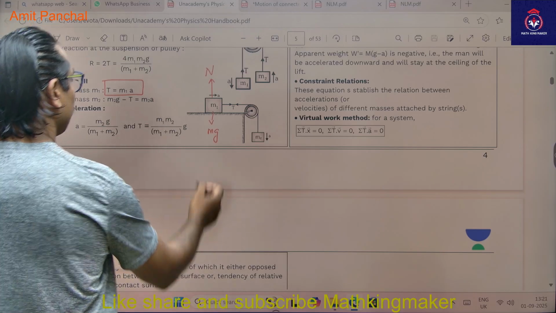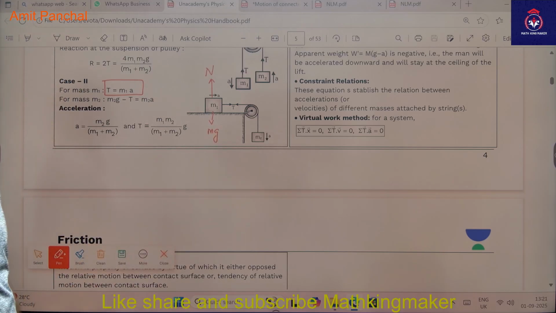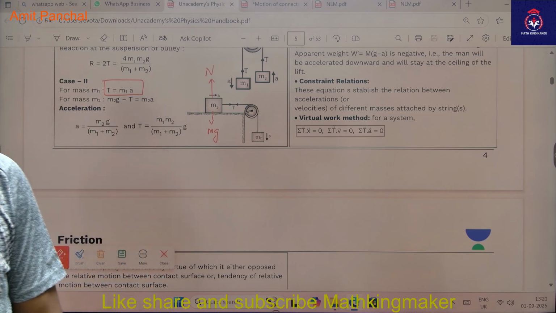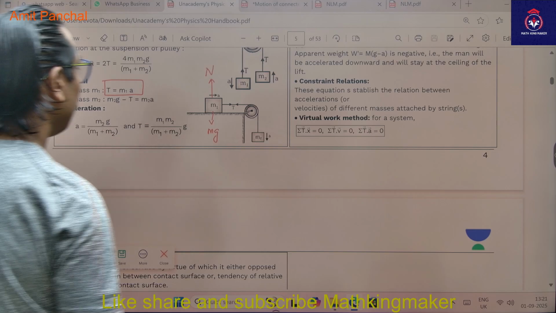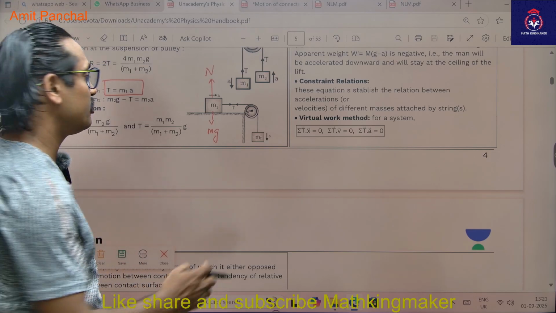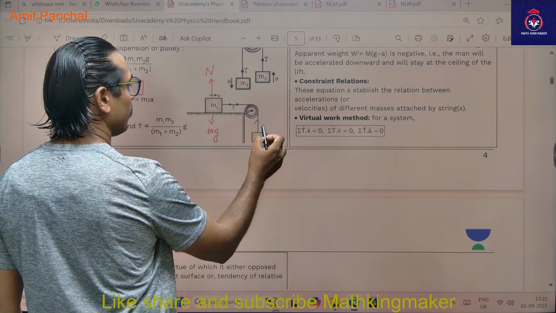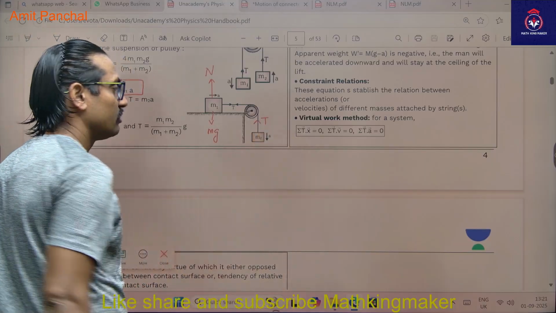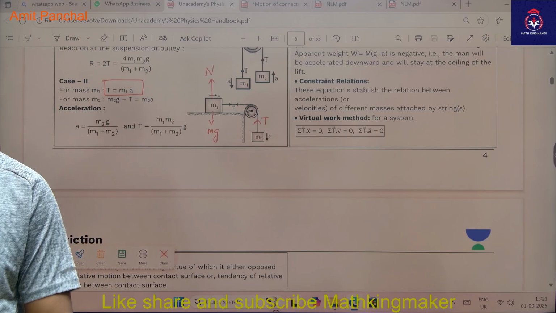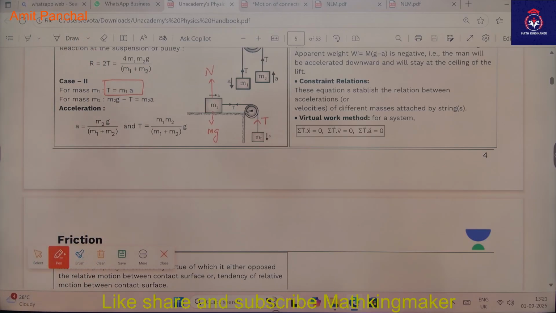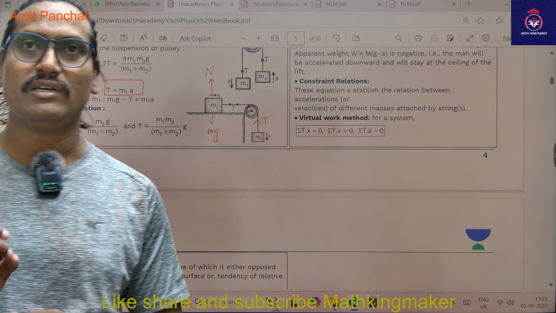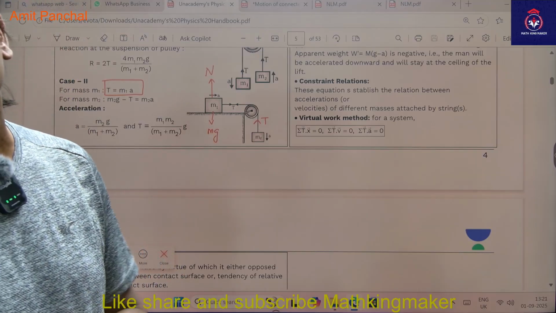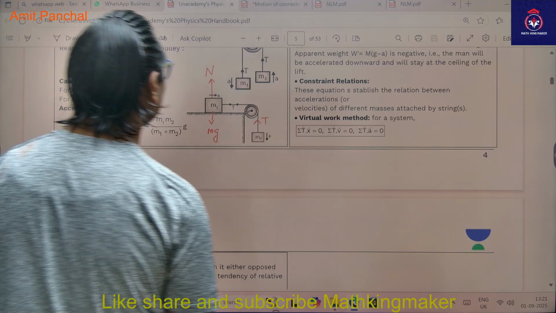I didn't understand. Both the tensions are in opposite directions because they're both pointing towards the pulley, right? One tension is because of this m2 mass, pointing towards the pulley, and the other is also pointing towards the pulley. That's why they're in opposite directions. Always tension will be towards the fixed point, where the string is fixed.